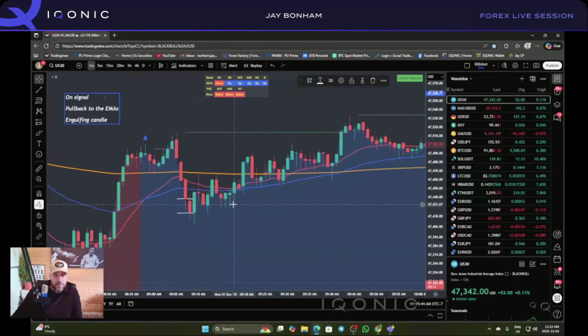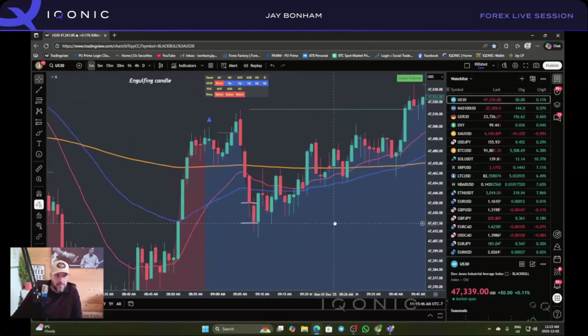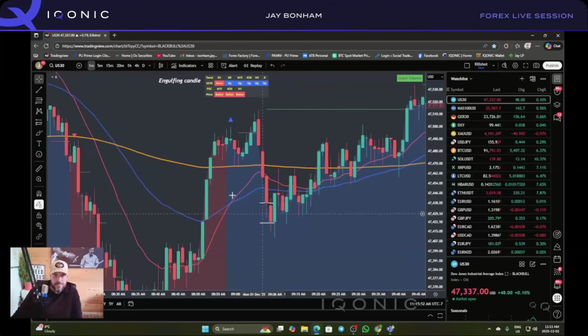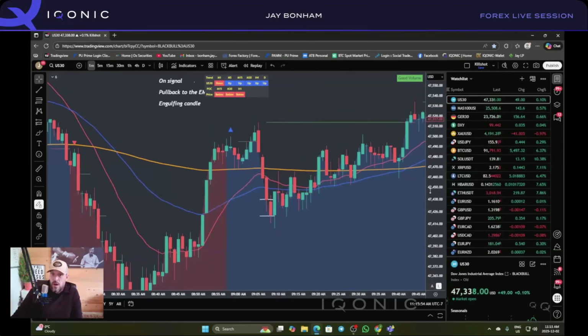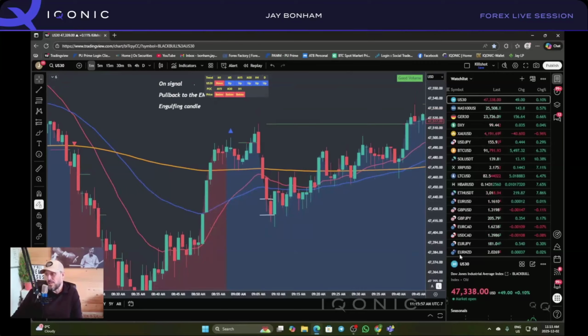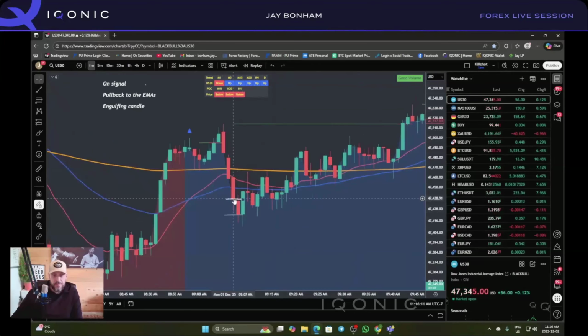That the pullback is on signal. We're trying to go this same direction as this signal, not against it. Pullbacks do not work and do not have a long-term strategy if we trade against these signals. These signals are our number one opportunity to win in this market. We're just finding secondary entries.